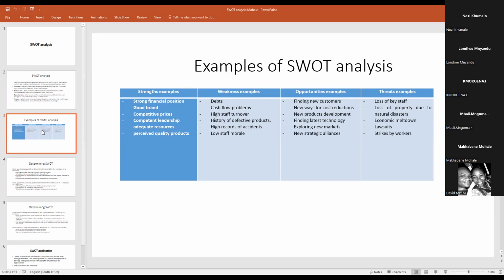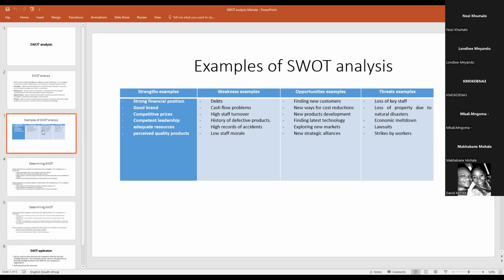If a company has a strong financial position, we can say that is its strength. Also a good brand, competitive prices, competent leadership, adequate resources like buildings and cars, depending on the industry we're involved in, or perceived quality of products. These could be examples of the strengths of an organization or company.